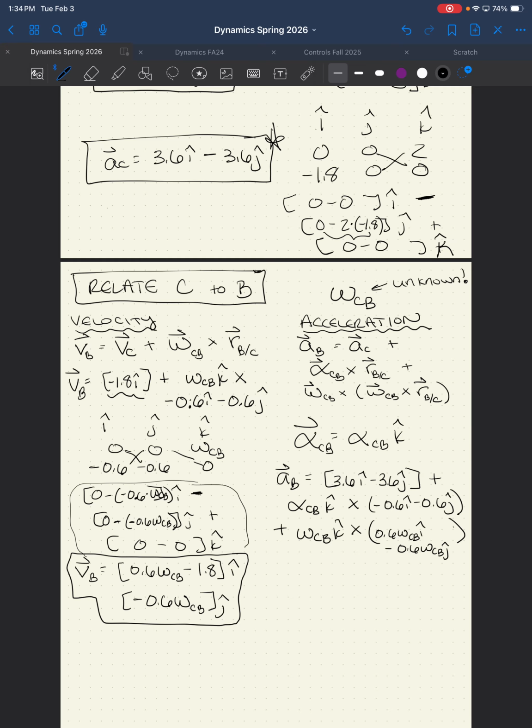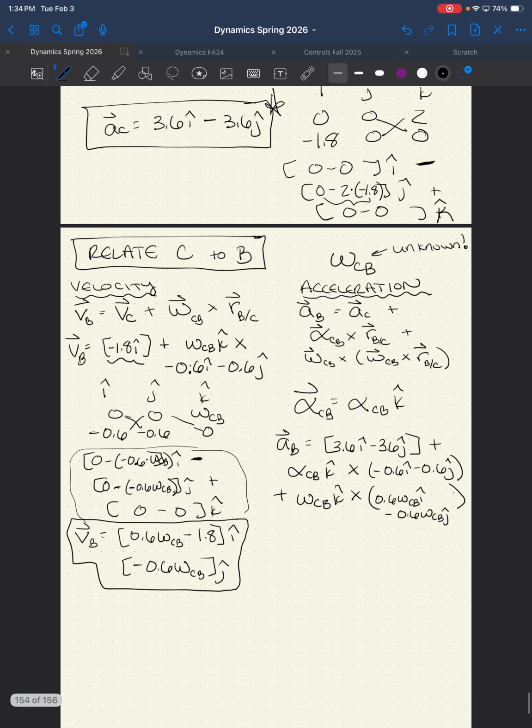Where was I? All right, we've got the first cross product we need to add in. So I've got plus 0.6 alpha CB i hat. Three negatives makes a minus 0.6 alpha CB j hat. It's the result of this first one.